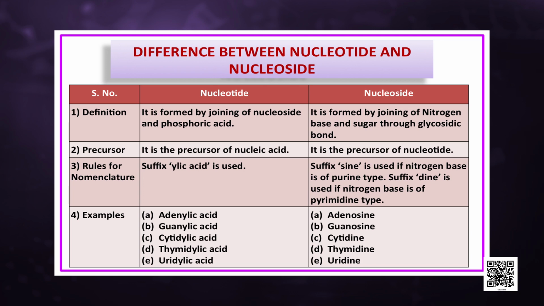Examples: cytidine, thymidine, uridine. One common mistake committed by students is that they think cytosine is a nucleoside. Actually, it is a nitrogenous base. If cytosine forms nucleoside, since it is a pyrimidine base, we have to use the suffix -dine. Thus, its nucleoside will be called cytidine, not cytosine.